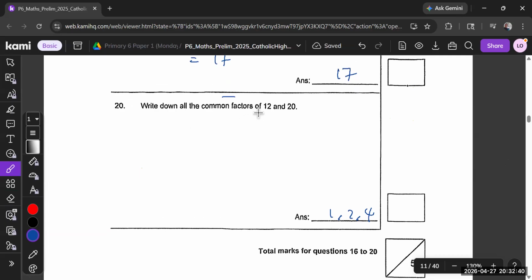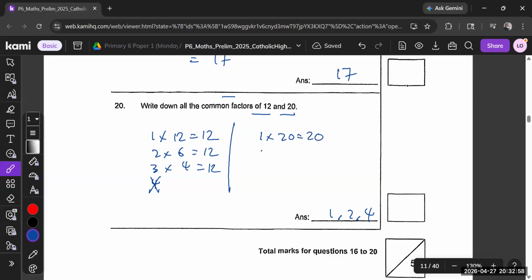So, common factors of 12 and 20. You need to find the factors of 12. 1 times 12, 2 times 6, then after 2 is 3, 3 times 4. After 3 is 4, so don't have to write 4 times 3. You stop already. Then for 20: 1 times 20, 2 times 10, 3 cannot, 4 times 5, and 5 you already have.